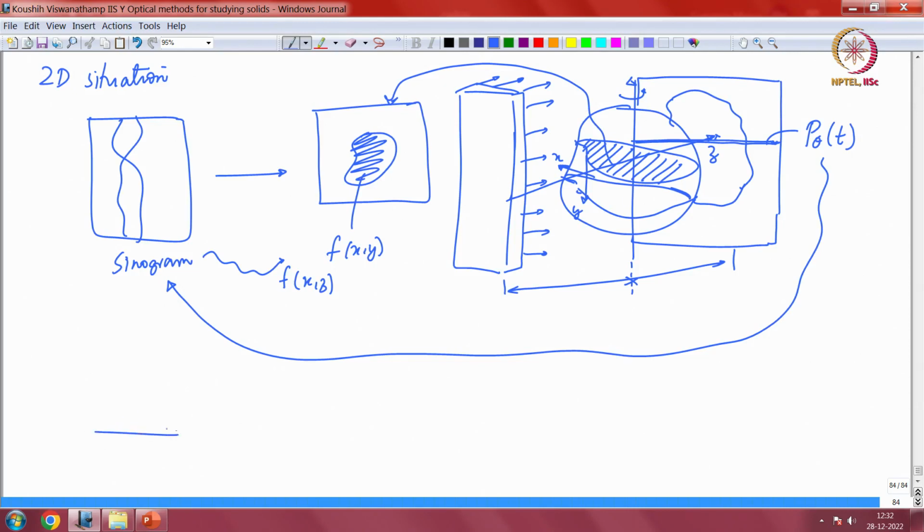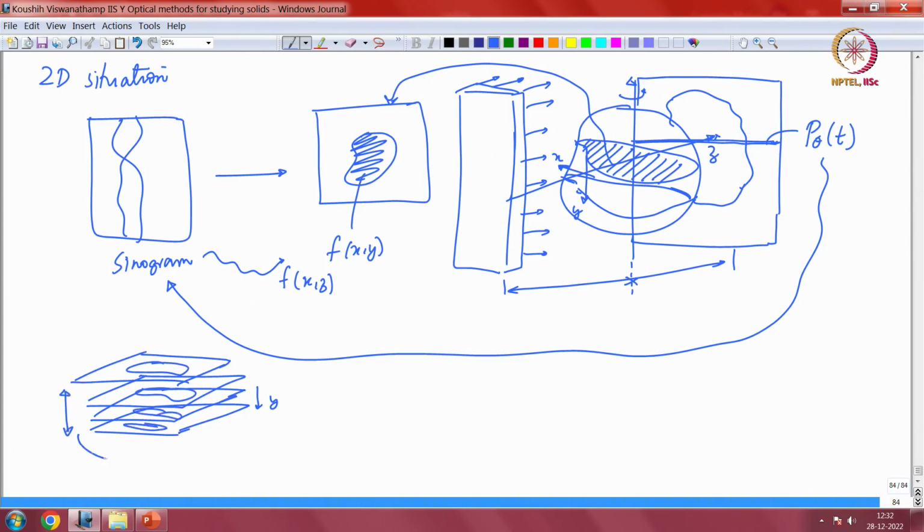So now you will have a sequence of stacks in the y direction, all reconstructed using the same scheme, and you stack them up together and you will get the full 3D field.